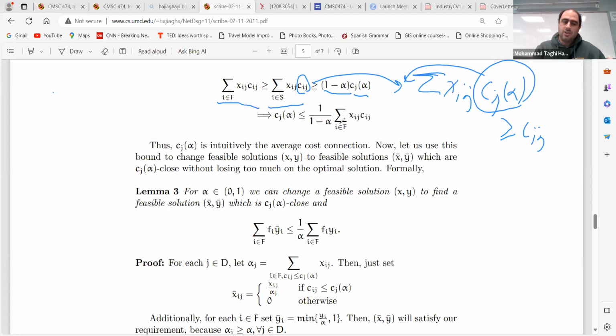So in some sense, Cj alpha is the average connection cost that I'm dealing with.